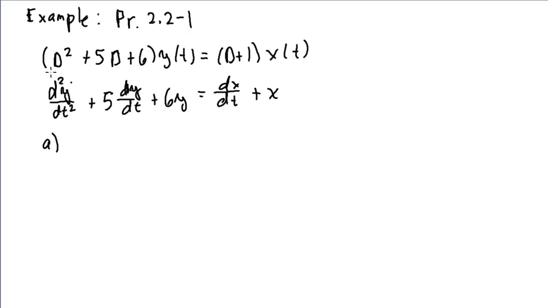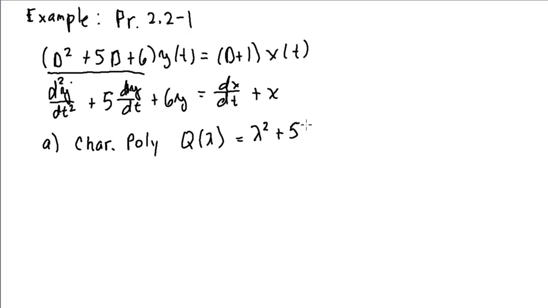This portion of the differential equation is what we called the polynomial Q of D, so the characteristic polynomial is just Q, and we substitute the variable lambda into it. We're just replacing D with lambda, so we get lambda squared plus 5 lambda plus 6. This is the characteristic polynomial.